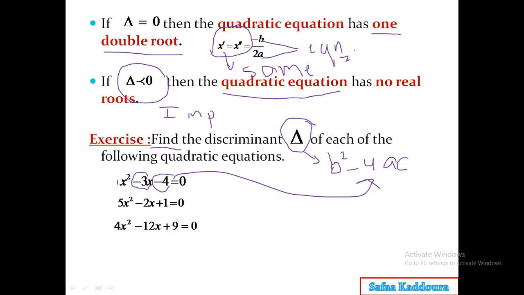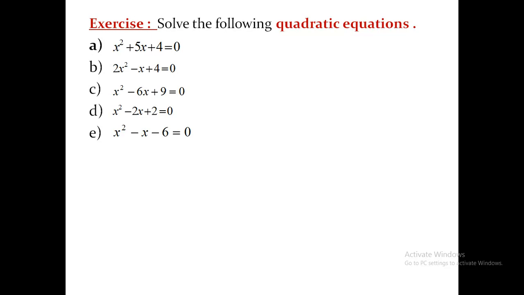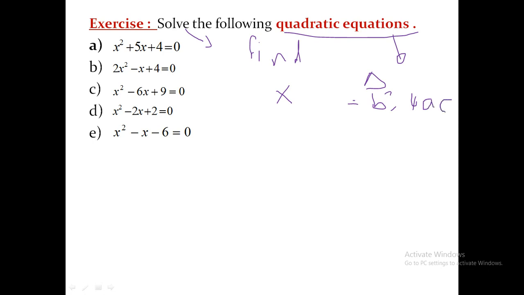You will get delta. This exercise, my students, is about solving the quadratic equation. Solve means find x. Use delta, which is b squared minus 4ac. First find delta, after delta find the roots, and I will help you in the first part.